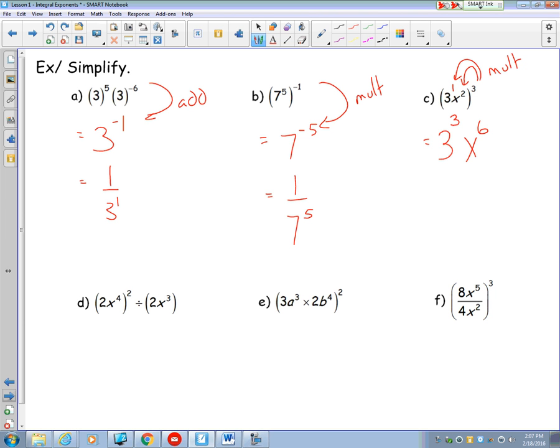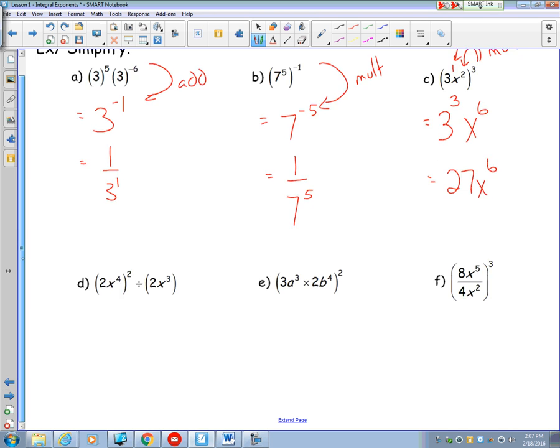And this one, I want to simplify it a little bit, so I could say 3 to the 3 is 27, x to the 6. The reason I would do that this time is because I've got two different bases in there. The ones prior to that, I only had one base, so I didn't really worry about calculating them, but because I have two different bases, I kind of want to.